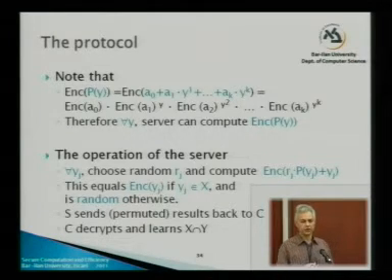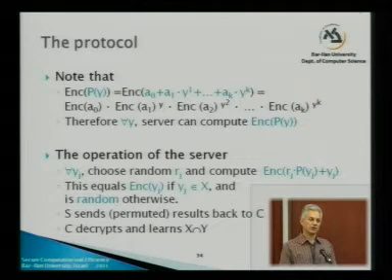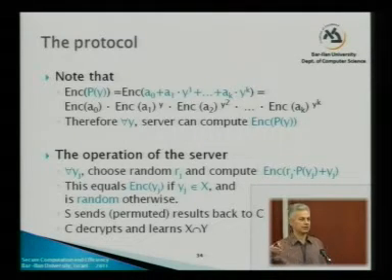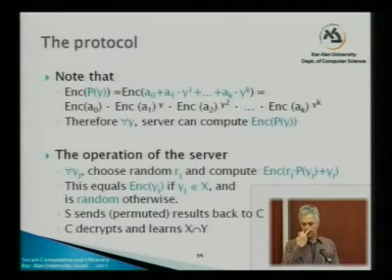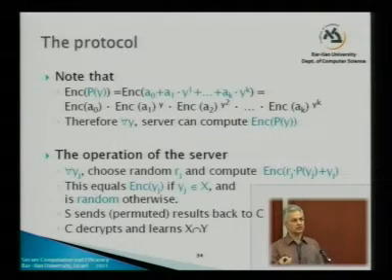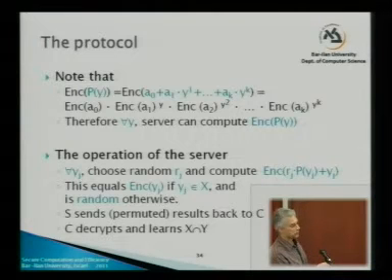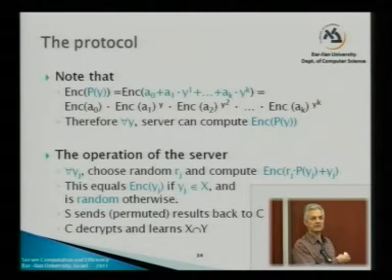Look at the encryption of p of y, where p is the polynomial, which is the encryption of a0 plus a1 times y plus a2 times y squared, and so on. Now, y is a value which is known to the server, and it gets encryptions of the coefficients. So it can take the encryption of a0 which it receives, and take the encryption of a1 and compute the encryption of y times a1.